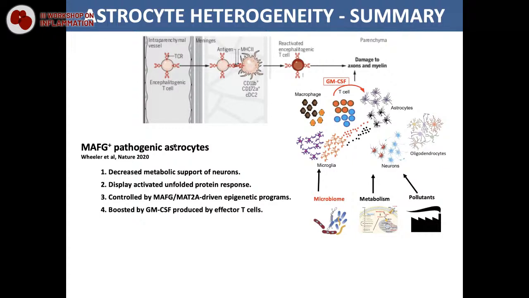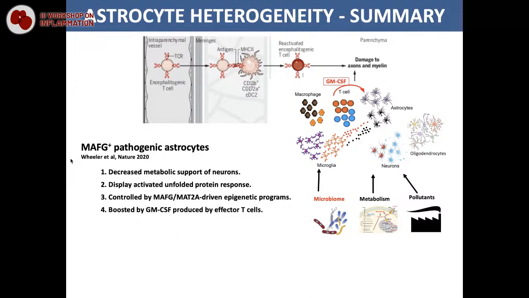The first population we identified is driven and controlled by a transcription factor called MAFG, which is a small member of the MAF family of transcription factors. This is a transcription factor that controls the epigenetic status of this specific astrocyte subset, and by doing so, really controls which genes are expressed or not.